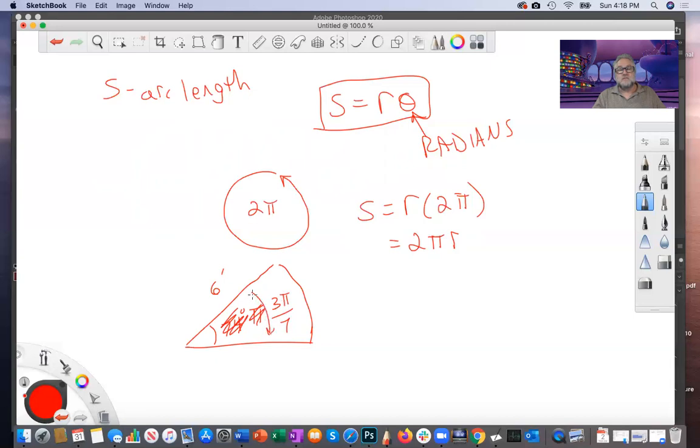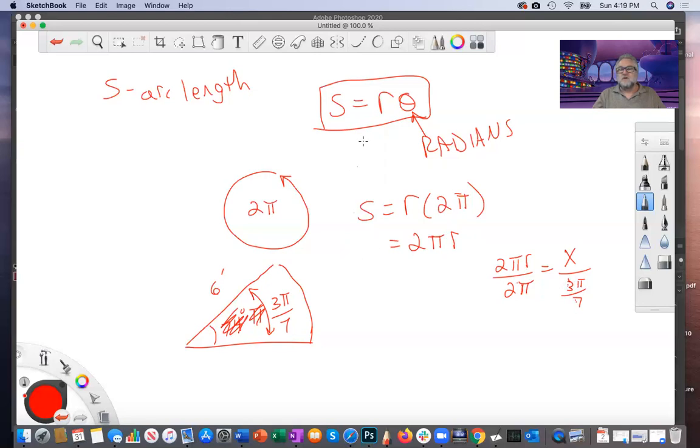Since I already have it in radians, how would I do it with ratios? I would do 2 pi radians equals x over 3 pi over 7, and cross multiply. The 7 is kind of inconvenient, but you can convert 3 over 7 to a decimal, about 0.42 pi. So that's one way to do it.